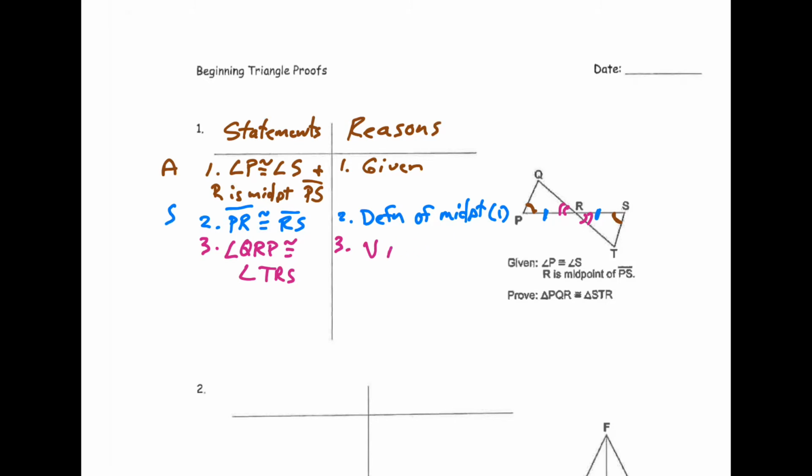So by now we can say vertical angle theorem, or VAT is just fine with me. All right, and that gives us another angle that is congruent. So now step 4, we can say that triangle PQR is congruent to triangle STR.